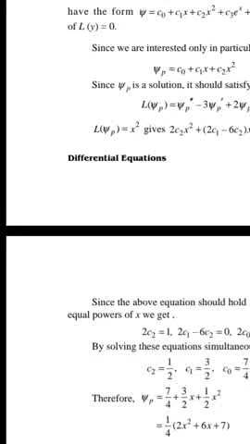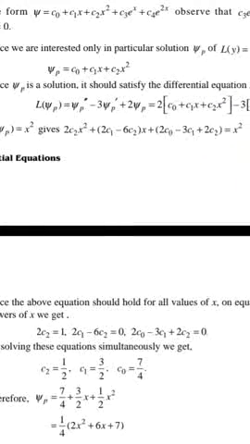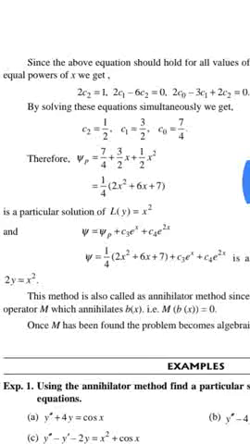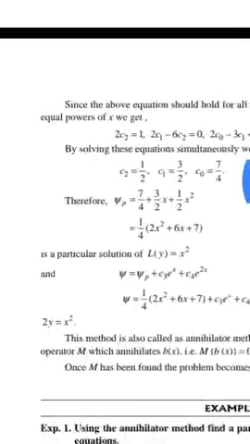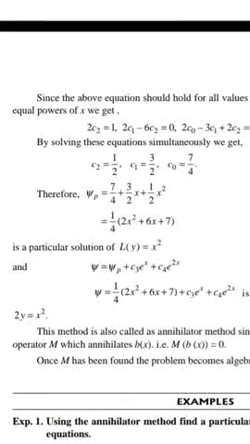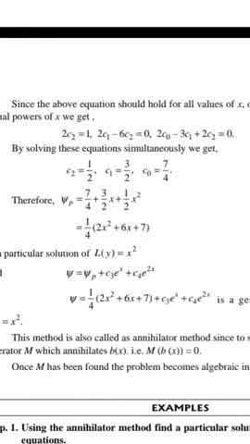L of psi p is equal to x square gives 2c2 x square plus 2c1 minus 6c2 x plus 2c0 minus 3c1 plus 2c2 is equal to x square. Since the above equation should hold for all values of x, equating the coefficients of equal powers of x, we get 2c2 is equal to 1, 2c1 minus 6c2 is equal to 0, 2c0 minus 3c1 plus 2c2 is equal to 0.